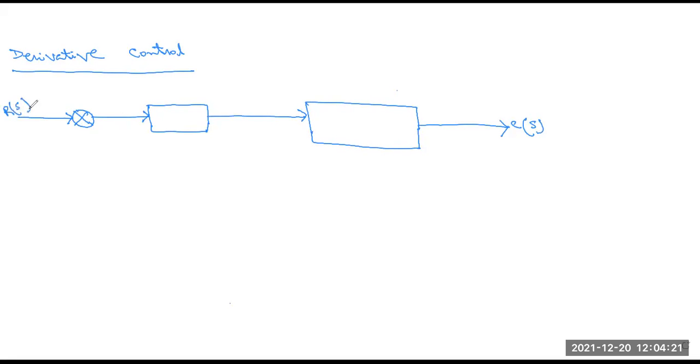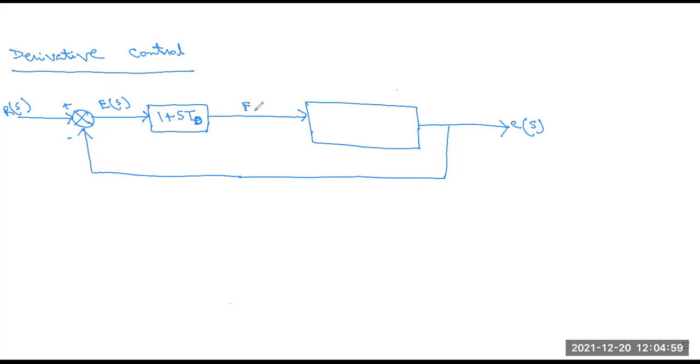This is R(s), and here we attach a unity feedback from the output to the first summing point. This is the error of the system, E(s). The first block is the controller part, 1 plus s times TD.